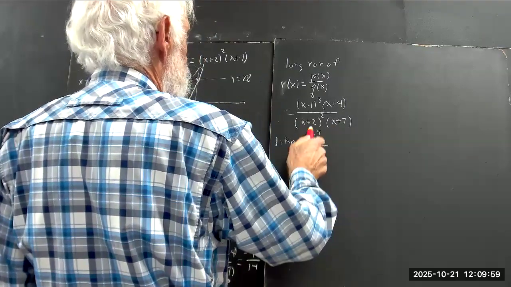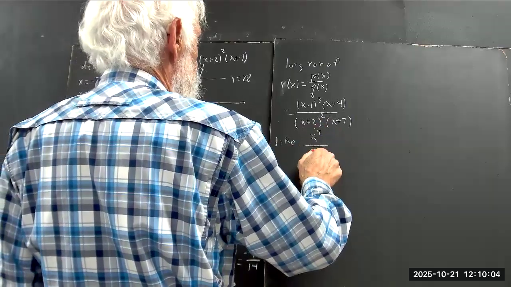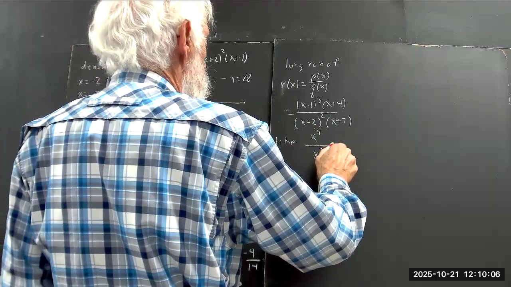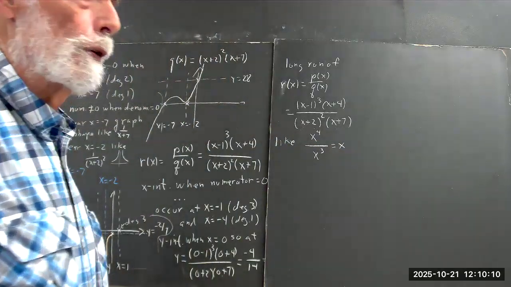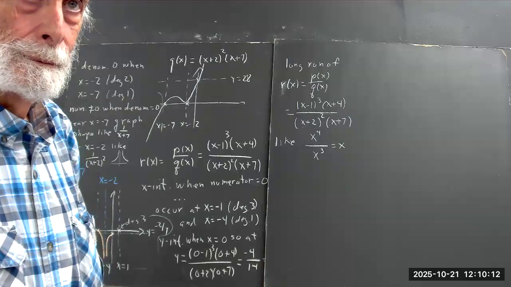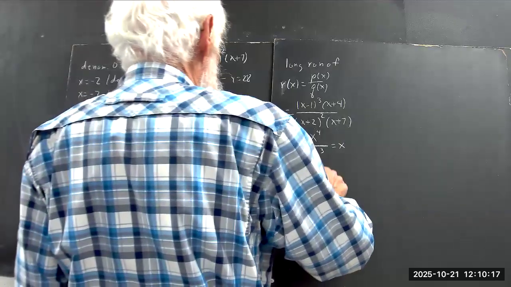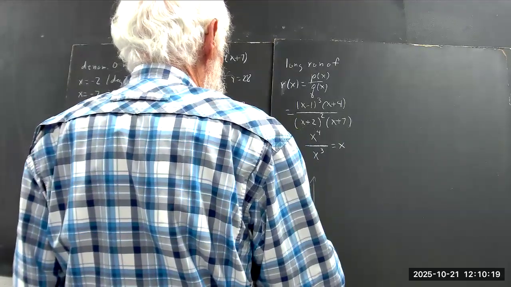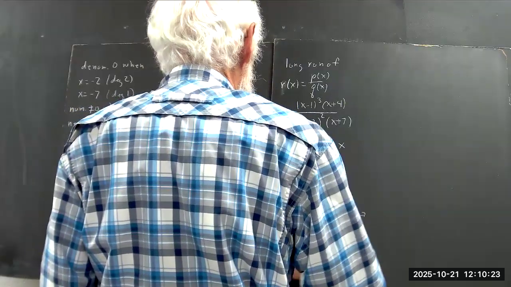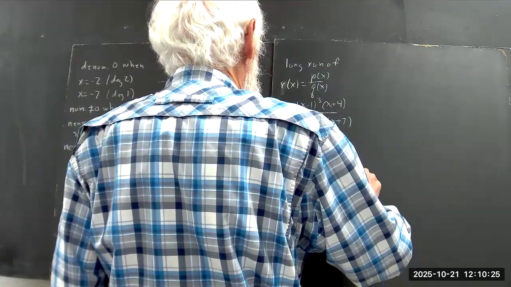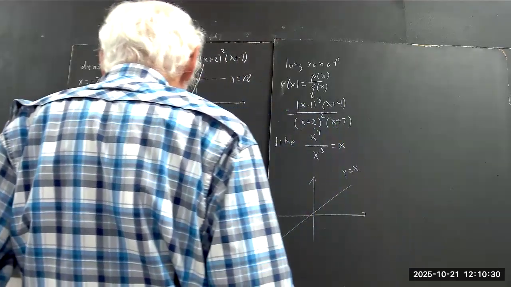If you multiply this out, you get an x squared from x plus 2 squared, you get an x here. So it's like x to the fourth over x cubed, which is just x. What's the graph of just plain old x look like?